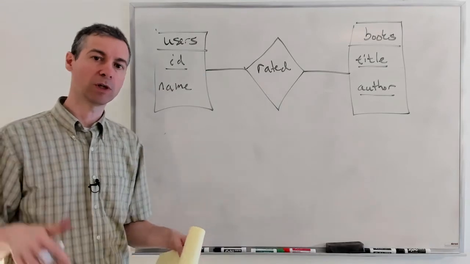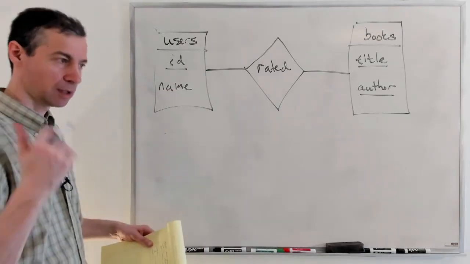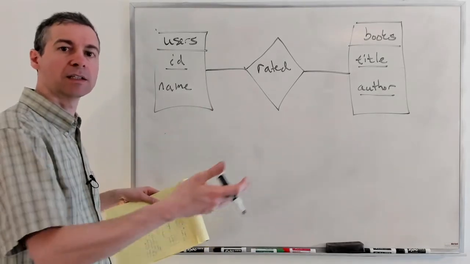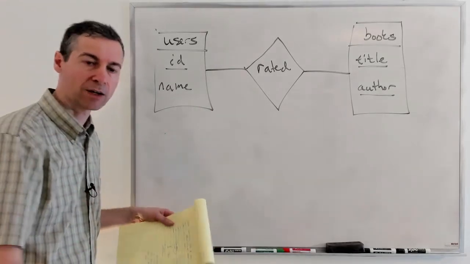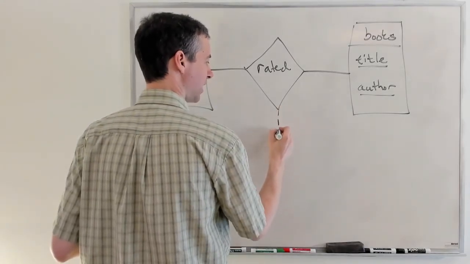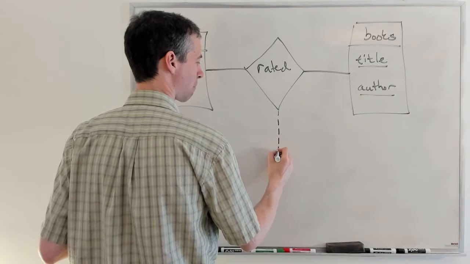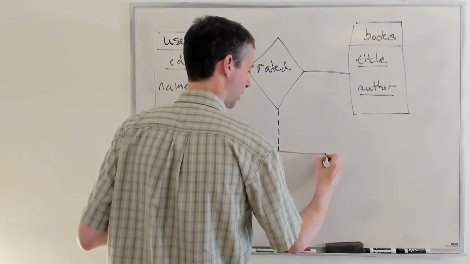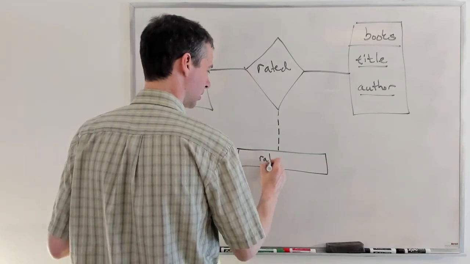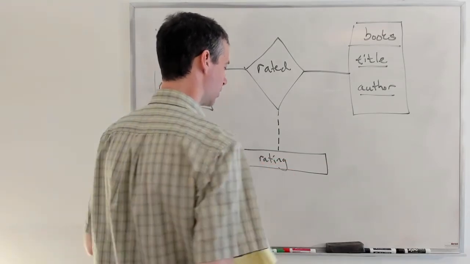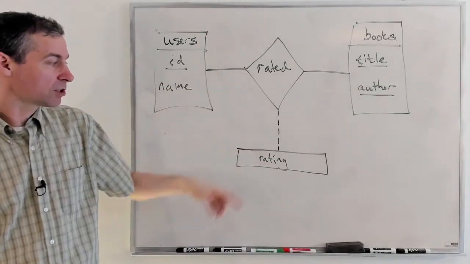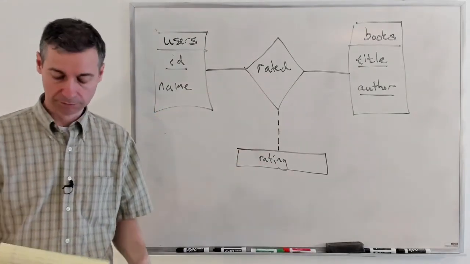I gave that book a 1, a -3, whatever. My relationship's not just that I rated it, but that I rated it with a value. And so what we do is tack on a dashed line and draw a box for the attribute that describes that relationship. So rated has associated with it a rating.